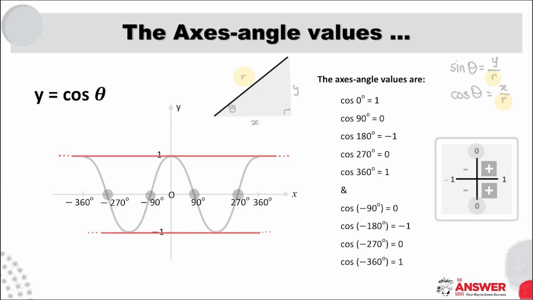And what this means is that the sine or cos ratio of an angle will therefore always be either a proper fraction, or when r is equal to x or y, which will occur at an axis angle, the ratio value will be 1 or minus 1, depending on the sign of x or y. And this is why all sine and cos ratio values lie between and including 1 and minus 1.